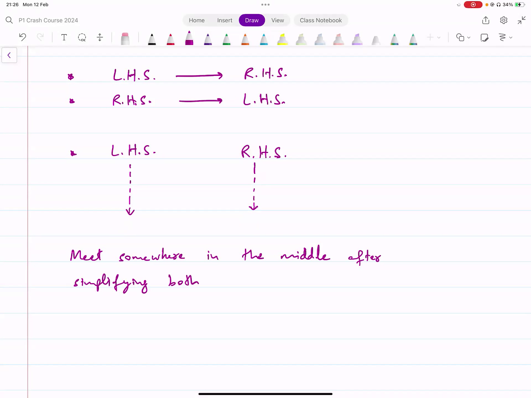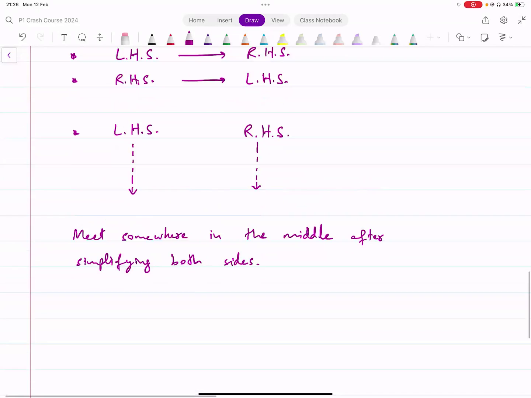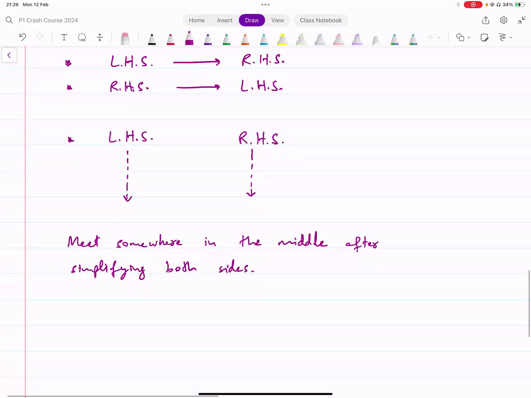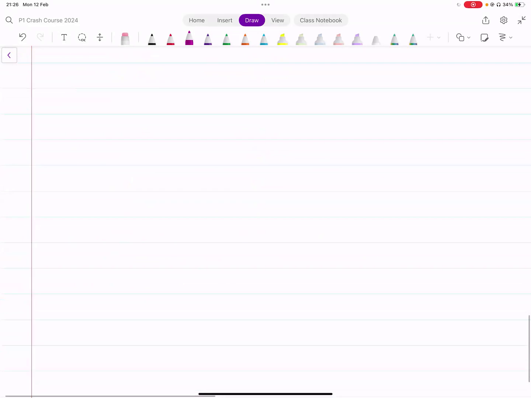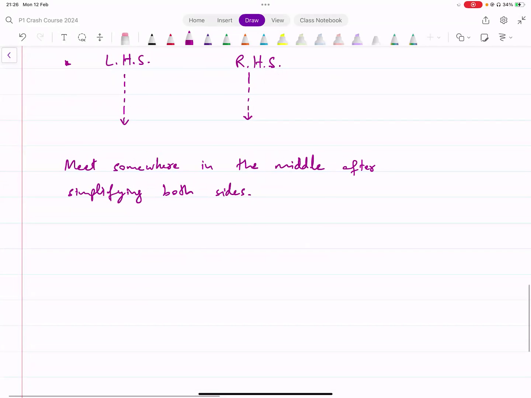Okay, meet somewhere in the middle after simplifying both sides. So you can use any of these three methods for proving identities. Okay, now while you're doing this, keep one thing in mind.